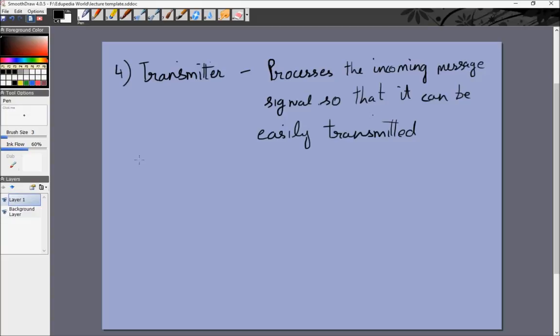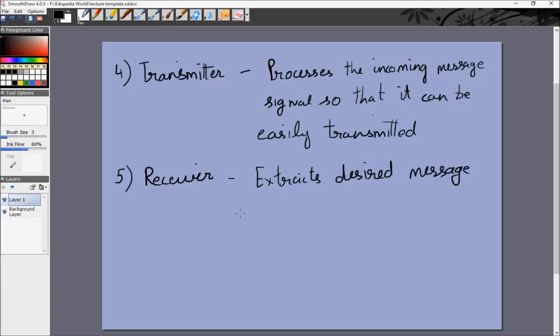Then you have the opposite of the transmitter, which would be the receiver. And it extracts the desired message signals from the received signals.